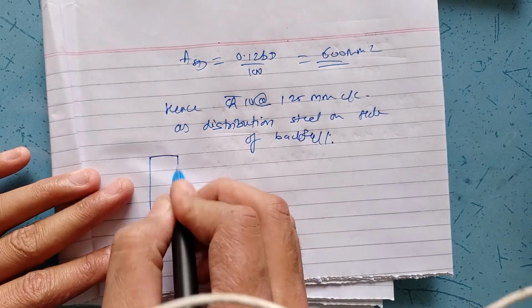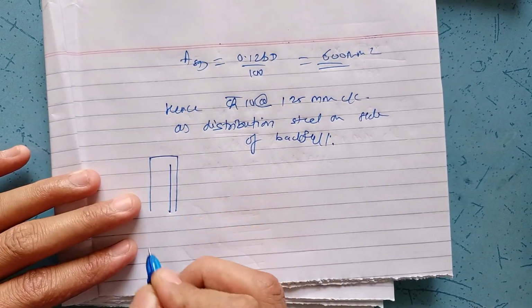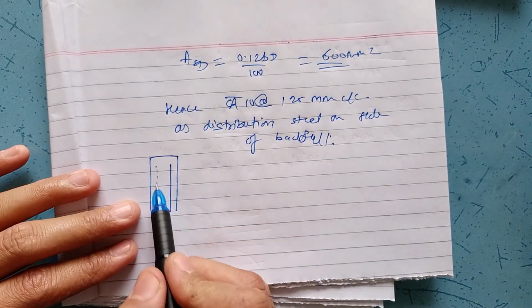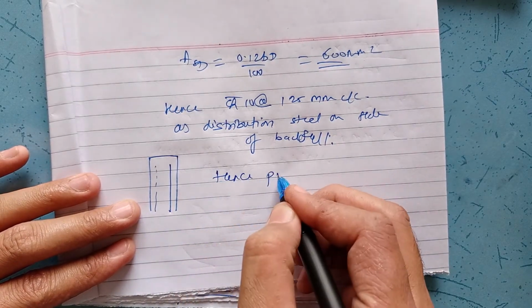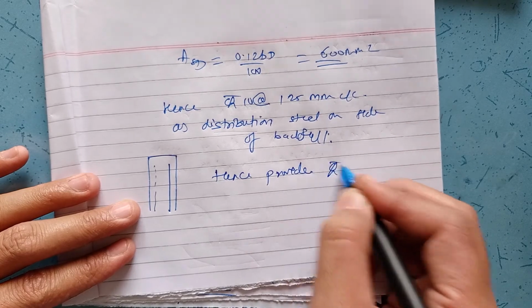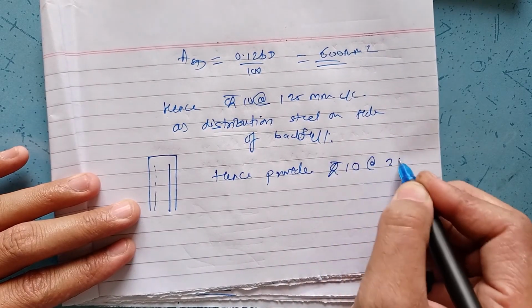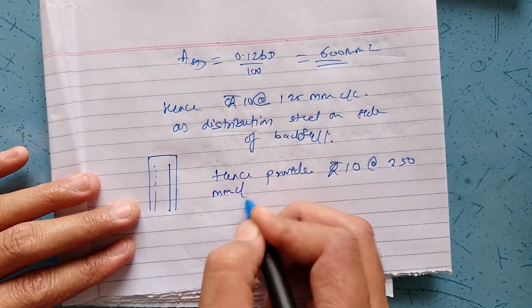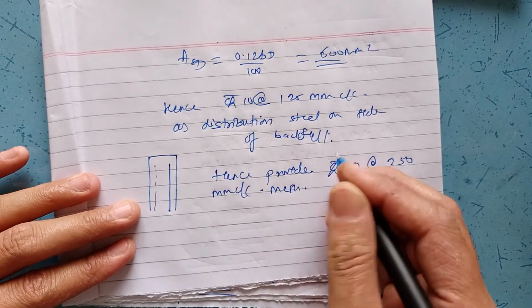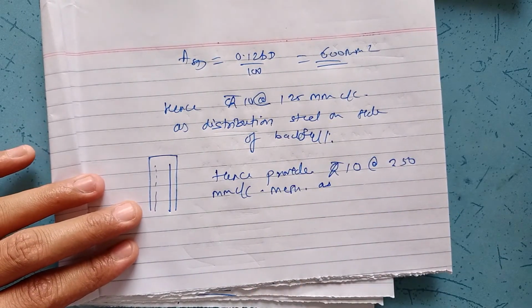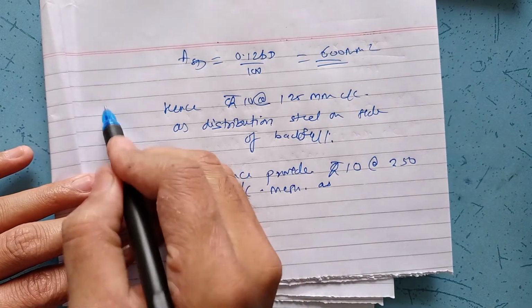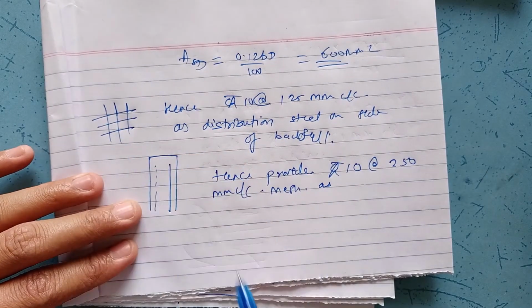Now if this is our stem, we have provided steel only here. Now we are supposed to provide some minimum steel on this outer side also. Hence provide torque 10 at 250 mm center to center mesh. Mesh here is nothing but in this form. We call it jali.